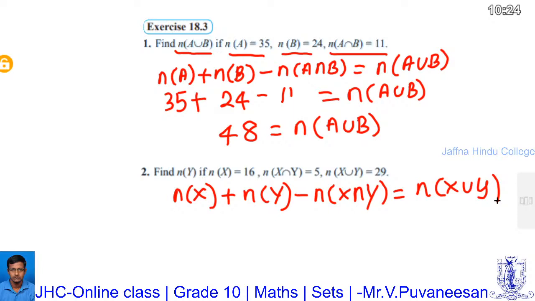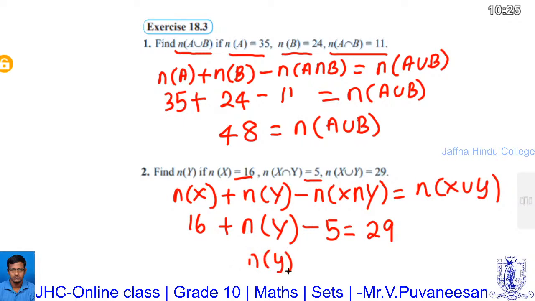Number of x is 16, plus number of y. Number of y is what the question asks, so it is not given. Minus number of x intersection y, given as 5, equals number of x union y, given as 29. So now we have to find the number of y.